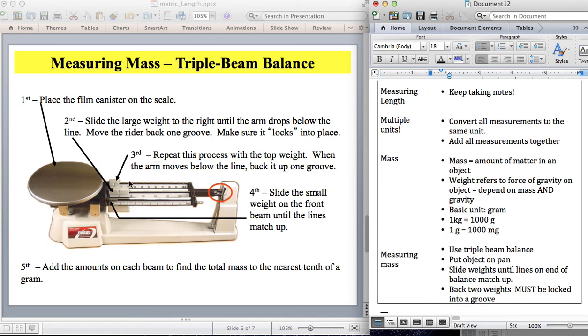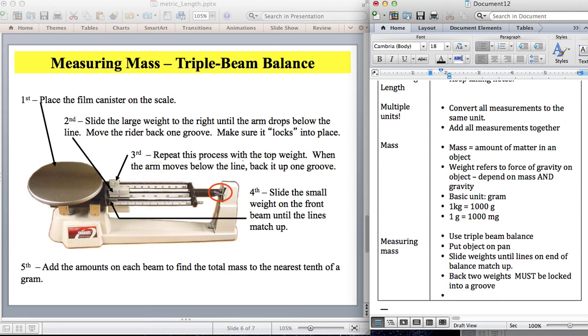There are little notches that you'll see when we practice this in class. Those back 2 weights have to get notched into a groove, otherwise you won't be able to get a reading. Once you do that, you simply add the amounts on all weights to find mass.